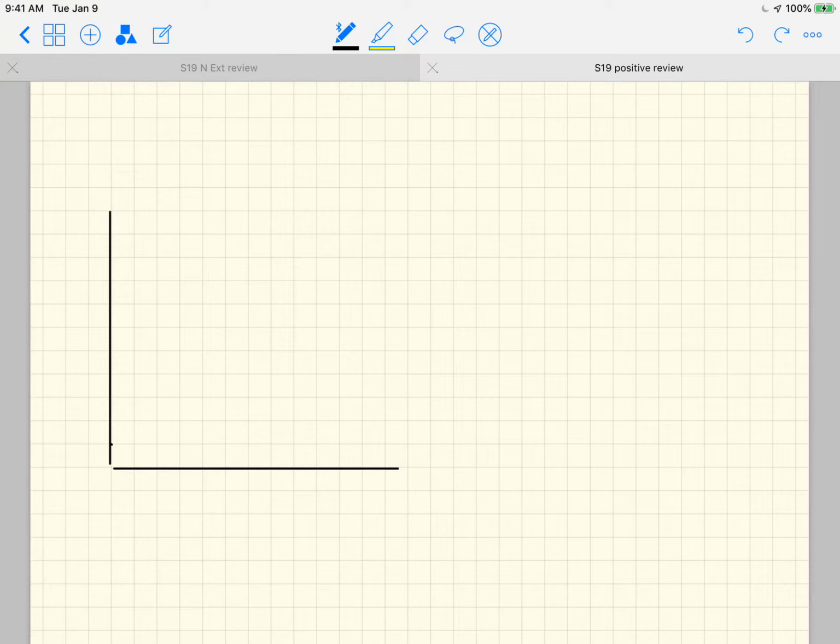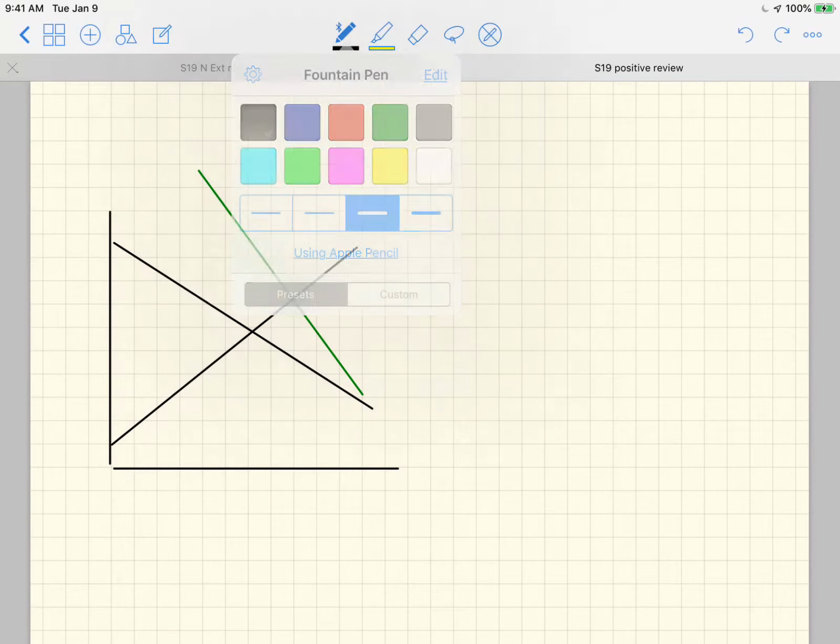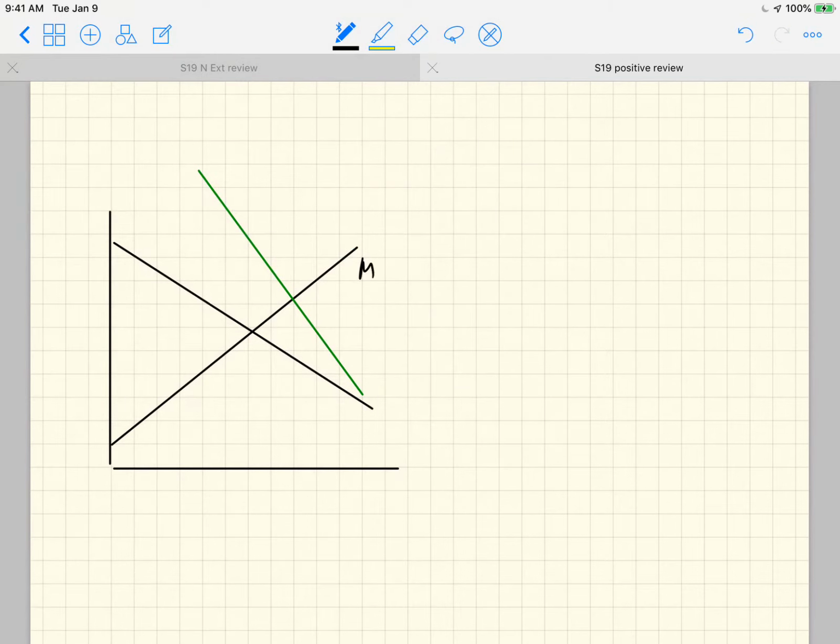So again, let's draw a starting diagram, and this is MSB, maybe more like that, and here we go. So this is marginal cost, right, which is the same as supply.